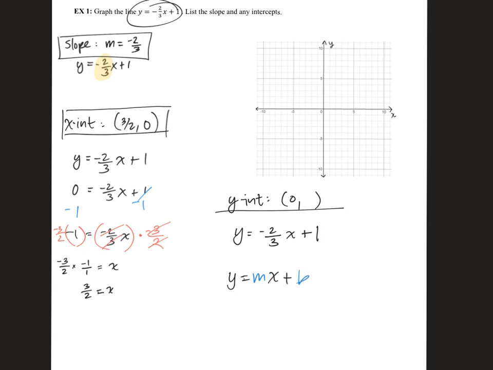It gets its name because when you're reading from left to right, which is what we always do, the first thing you'll see is your slope, and then you'll see your intercept. This guy here, the b, is an intercept. And which intercept is it? It's your y-intercept.